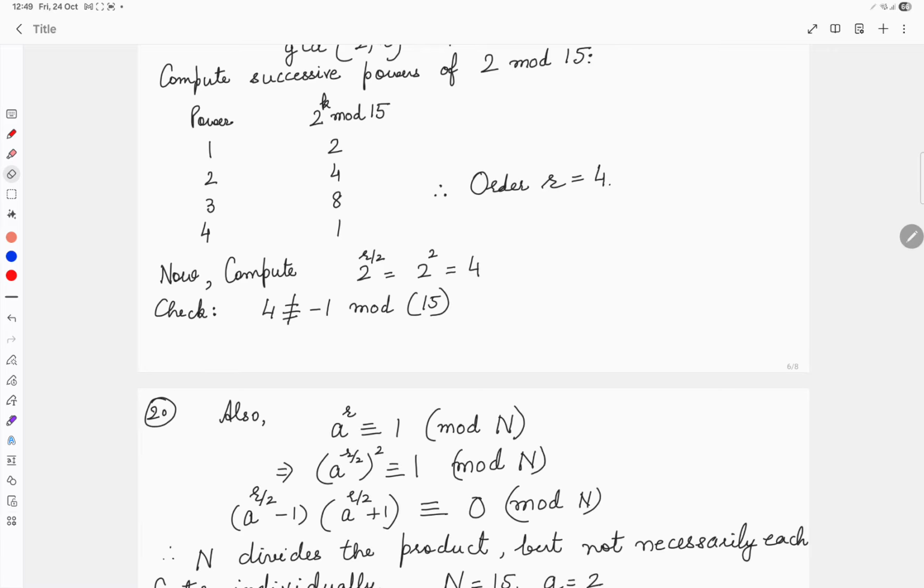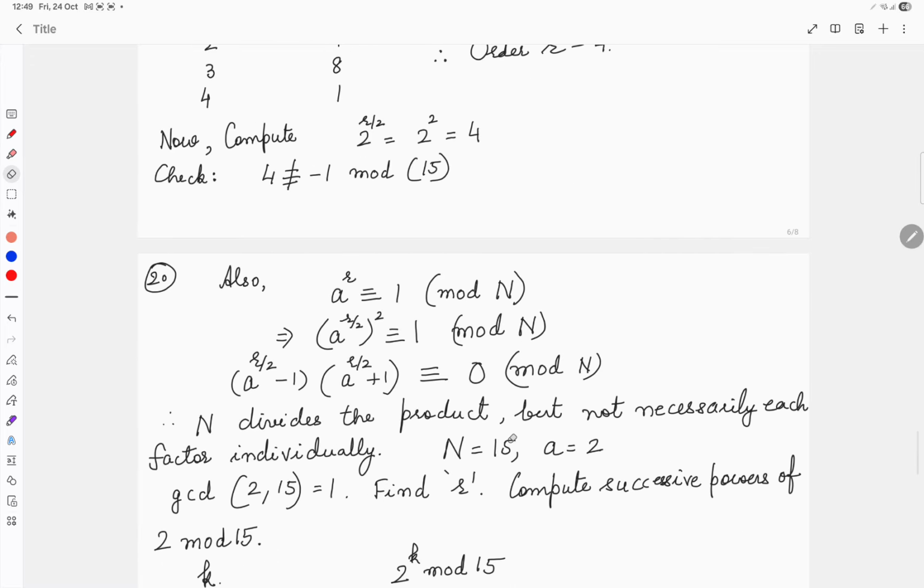So I can put it like this: a to the power r by 2 minus 1, a to the power r by 2 plus 1, because if I take the square root, plus minus will come here, and if I take plus 1 and minus 1 to the left hand side, I will get this equation, right?